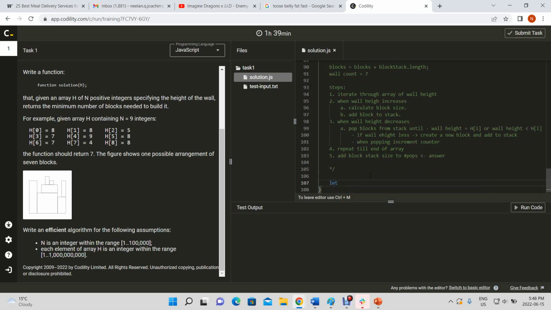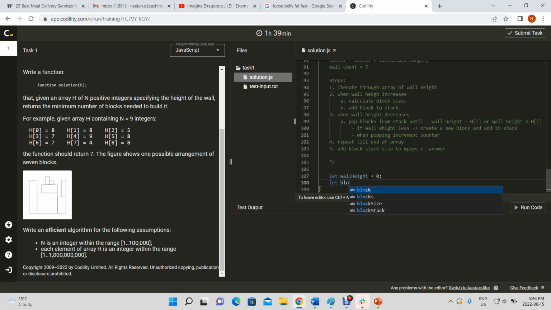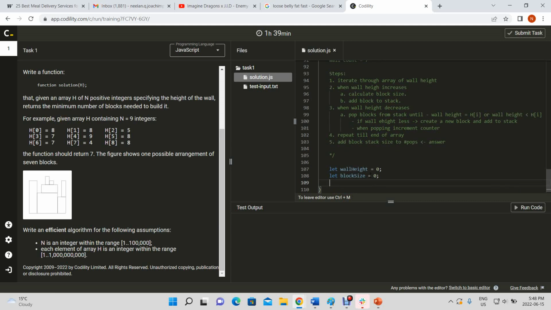So let's define our variables that we'll need to keep track of. We're going to have our first variable, wall height, which starts off at 0. Our second variable, block size, which we'll say starts off at 0. Our third variable, block stack, and this is going to keep track of the blocks in that stack for that part of the wall at different points in time.